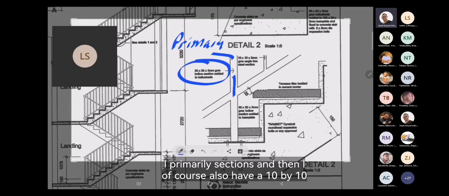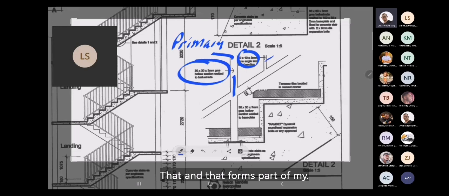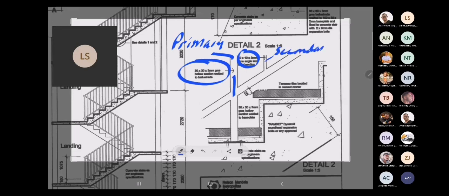And then I, of course, also have a 10 by 10 by 3 millimeter galvanized mild steel angle iron steel section. And that forms part of my secondary steel that we have in our railings. All clear?